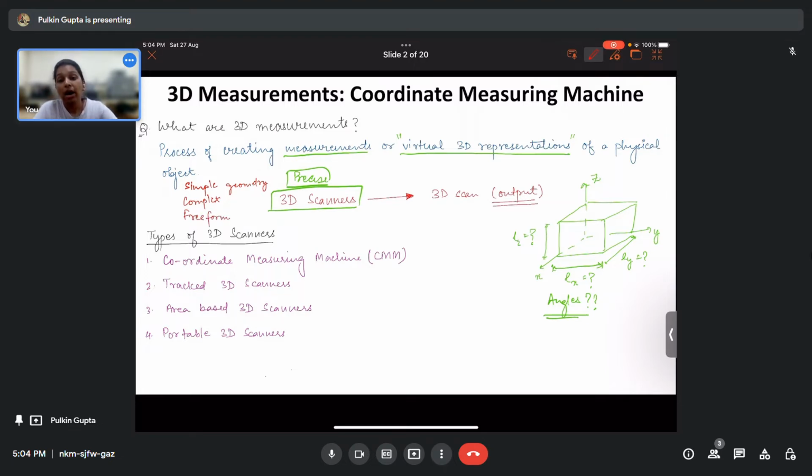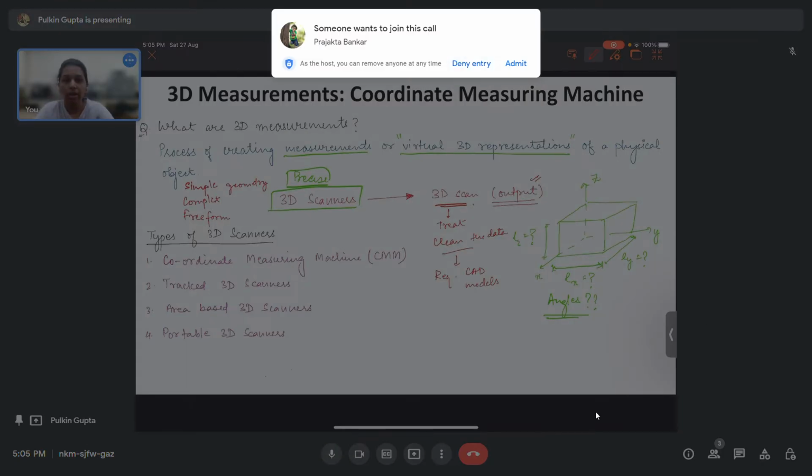So now what we get as an output from these scanners is a 3D scan, which we then treat or clean the data to get the final required CAD models. Okay, so these CAD models are really important.